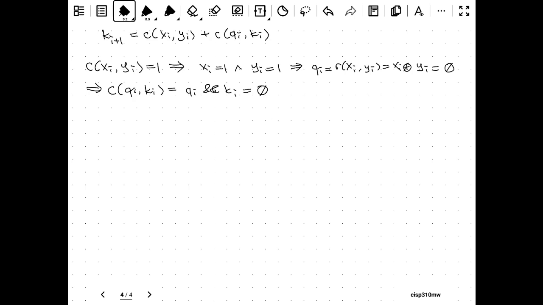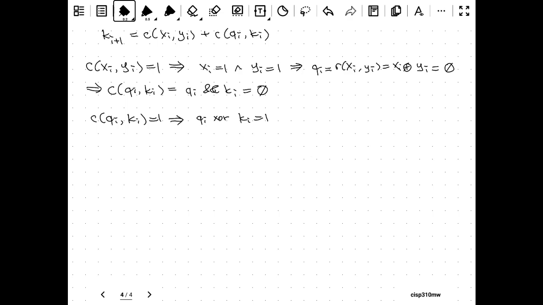Part 1 only says that if C of xiyi is a 1, we conclude that C of qiki has to be a 0. But does it imply the other way around? No, it actually does not. So now we go for part 2: we flip the whole thing and assume C of qiki is a 1. What does that imply? In this case, it only implies that qi exclusive OR ki is a 1, which gives us two branches.